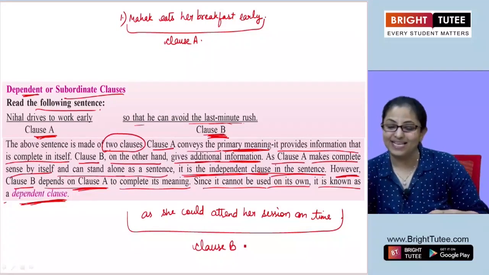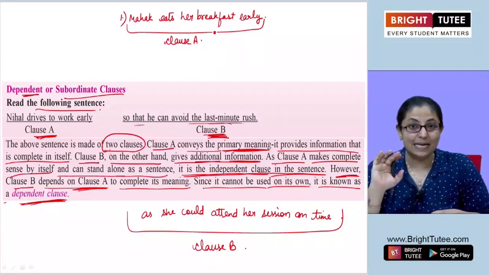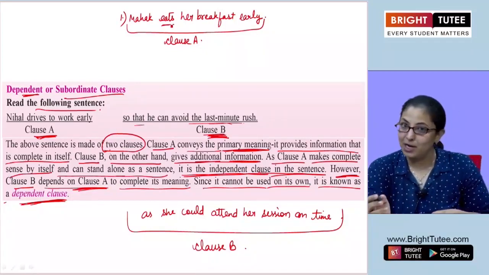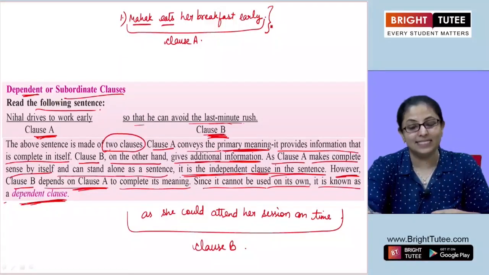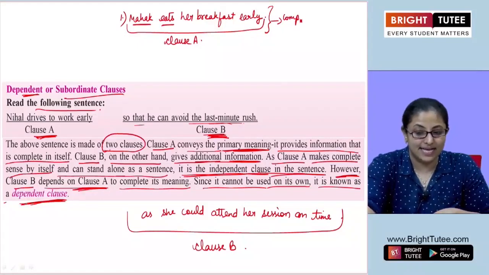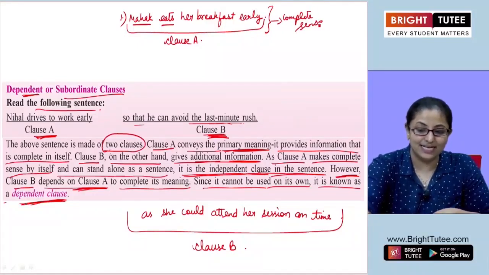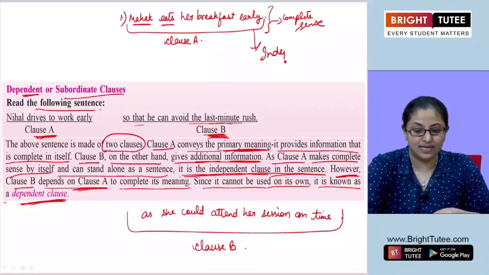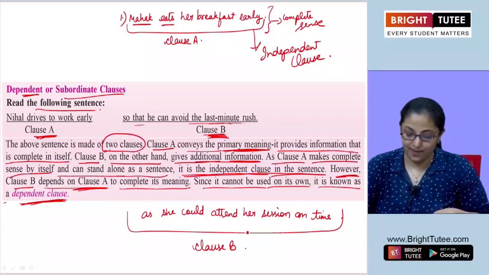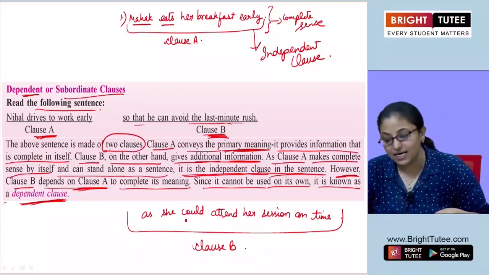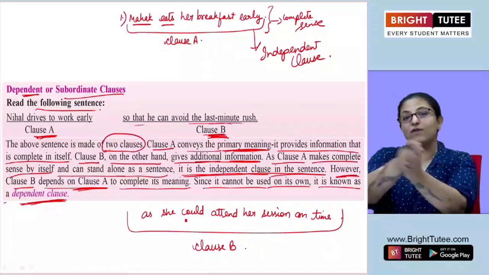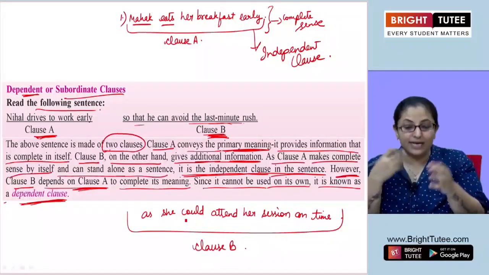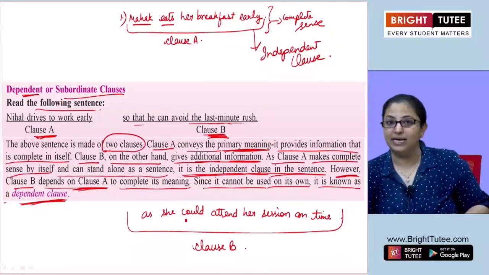What is the difference? Clause A is complete. Eats is the finite verb. Mehak is the subject. It is a simple sentence making complete sense. So, this is an independent clause. In clause B, as she could attend her session on time, this is additional information about clause A to understand why Mehak eats her breakfast early.